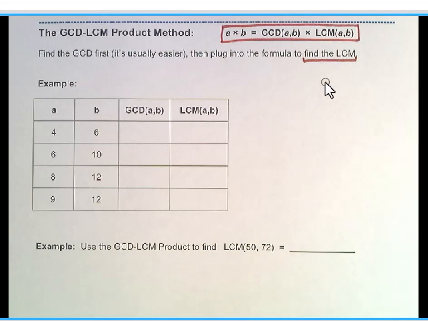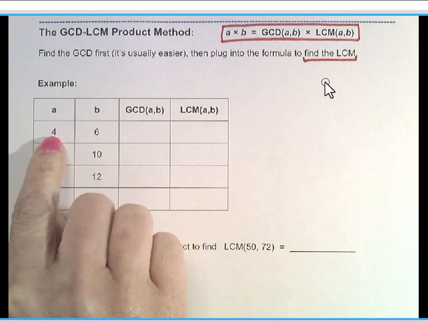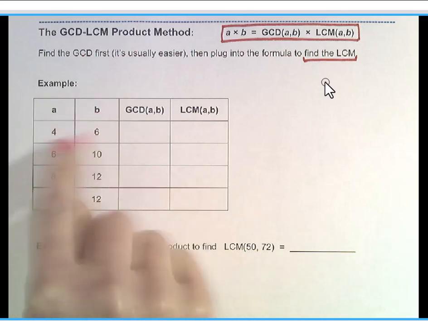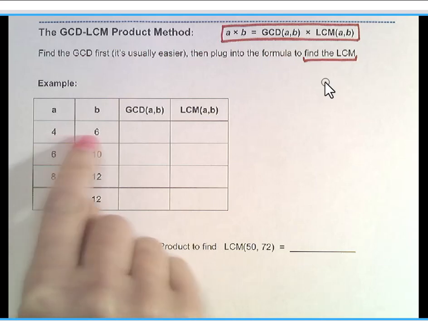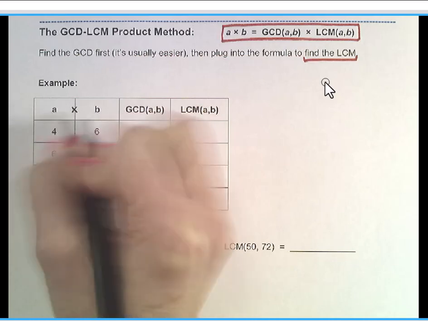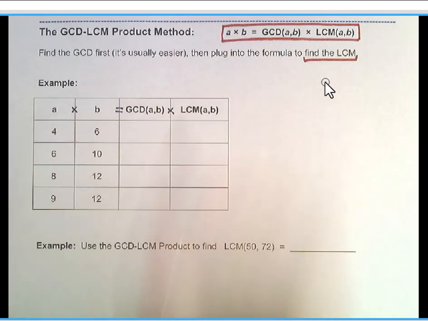So I decided to set up these examples as a little chart because I think it's going to make it easier to do these. In the first column is the first number, A. Then in the next column I have the second number, and we're trying to find the GCD and LCM of those two numbers. What we know is that if you multiply A times B, it will equal the GCD times the LCM.